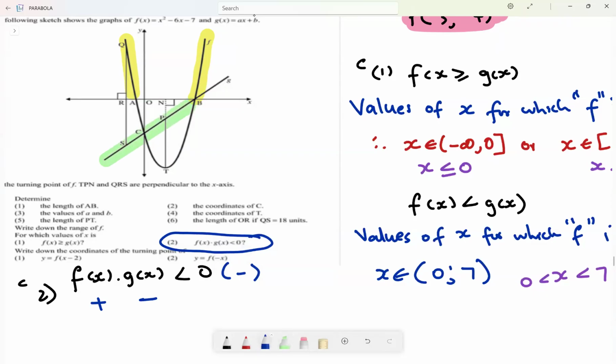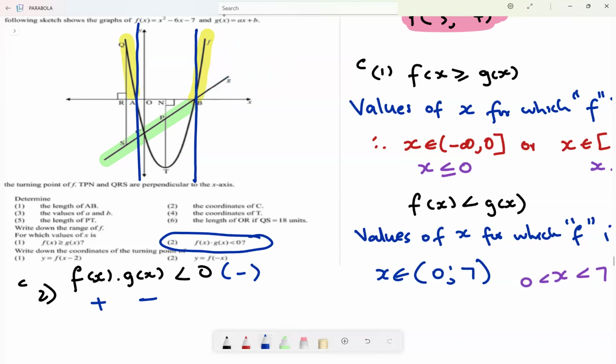Then when I bring back my points, where my point cuts the graph, I want you to see this. Let's start on this side of B. Is there anywhere where when I multiply these two graphs, they give me the negative? No, check. This one is positive, positive. Also here, it is positive, positive. So they will give me a result of positive. So I do not want that.